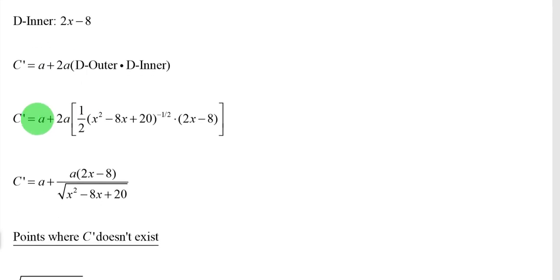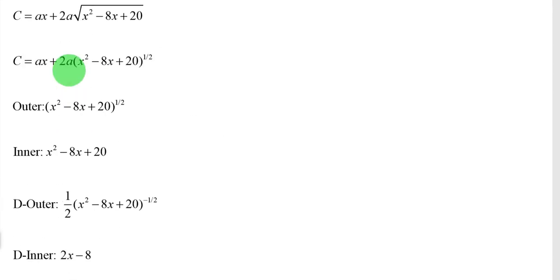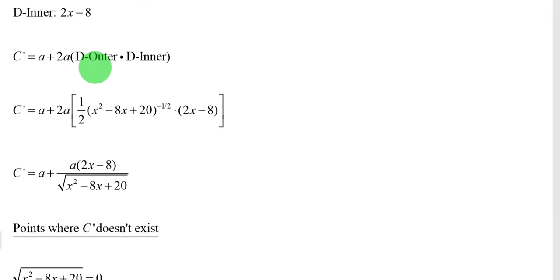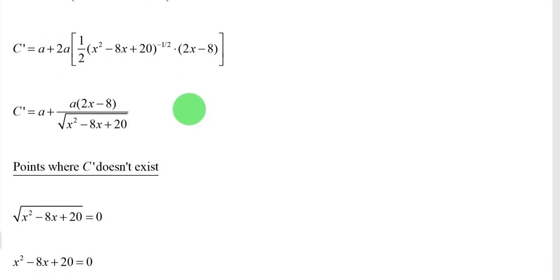Now it's a plus. Again, 2a is just a constant, so we're just going to carry that down when we take the derivative of this using the chain rule. So it's going to be a plus 2a times the derivative of all that. Simplifying this down, this negative 1/2, we can make it positive, put it on the bottom, and convert it back to a square root. So it'll be the square root of x squared minus 8x plus 20. We'll leave the 2x minus 8 on top.